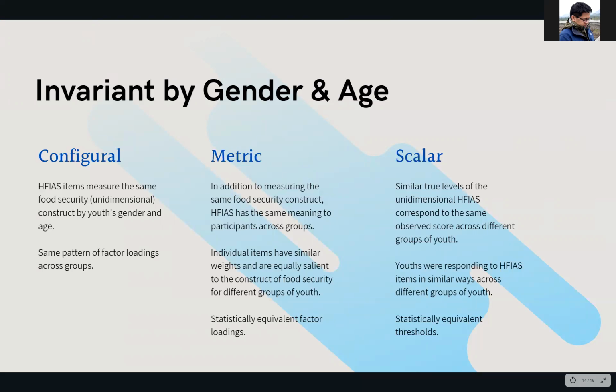In terms of scalar invariance, we were able to demonstrate through statistically equivalent thresholds that the young people in our study, regardless of age and gender, were responding to the 9 items in similar ways. And thus we can say that the responses to those items are caused by differences in true levels of the underlying construct and not other causes.